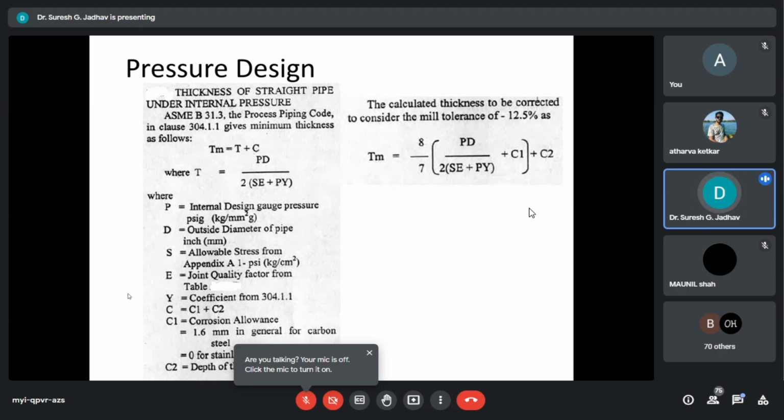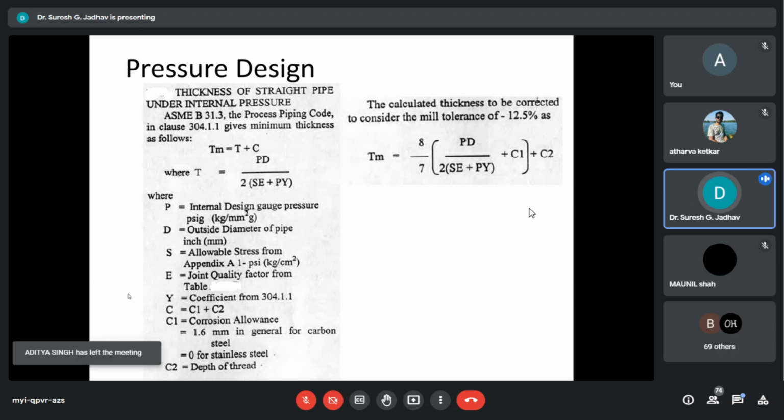So we can consider the value of S, that is the allowable stress from Appendix A1, in PSI or kg per square centimeter. Now the next parameter is E. E is the joint quality factor from the table, and these kinds of tables are given in piping handbooks.